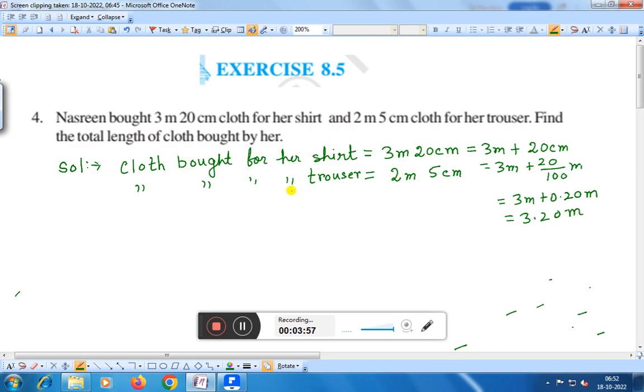If you change 2 meter 5 centimeter into meter, that can be also written as 2 meter plus 5 centimeter. Right? Now you can write 2 meter plus 5 by 100 meter, because centimeter can be changed into meter by dividing it by 100, since 1 meter equal to 100 centimeter.